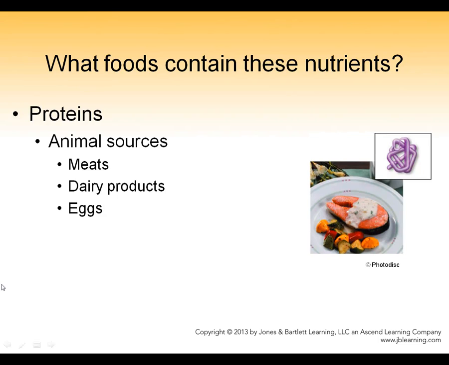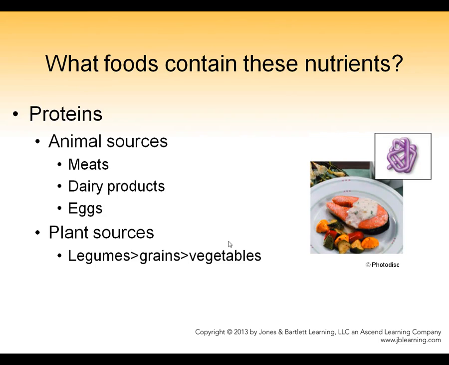Proteins are found in animal sources, and that's the one that we know the best. Meats are a source of protein. Dairy products have protein in them, and eggs. Protein is distributed in the egg white and in the egg yolk. But plants have protein too. The richest source of plant proteins are going to be in a group of plants called the legumes.